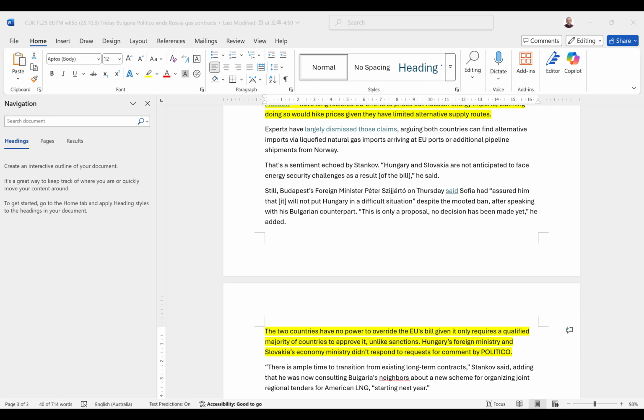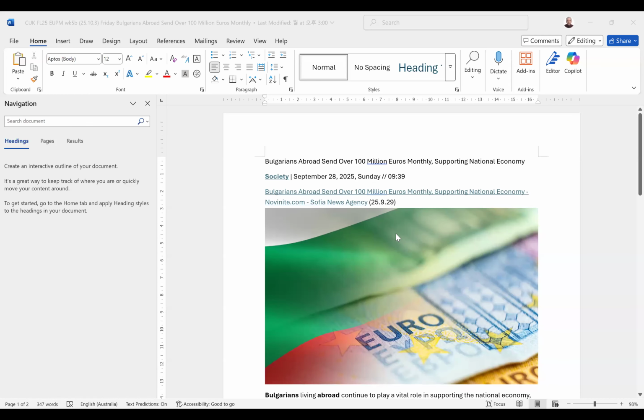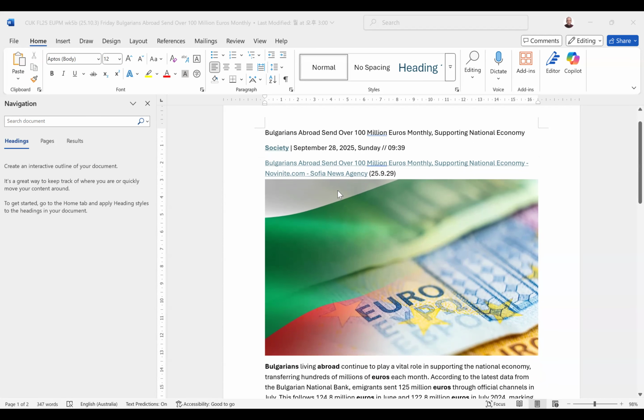Another aspect of the European Union is, for example, stop share, and then we go screen share, and you can see this here. I remember I was commenting about how so many people have left Bulgaria. I mean, Bulgaria at one time, 30 years ago, 35 years ago, had a population of over 9 million, and Bulgaria's population is now 6.5 million. And those people moved abroad, right?